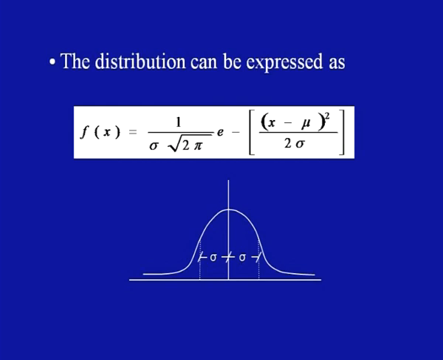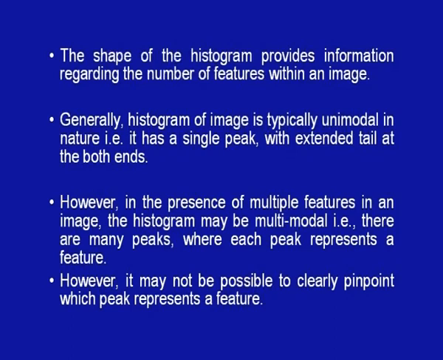One thing which can be seen regarding the histogram is that it is symmetrical about its central axis and that it has a direct correlation to the standard deviation. The shape of the histogram provides information regarding the number of features within an image. Generally, the histogram of an image is typically unimodal in nature, that is, it has a single peak with extended tails at both ends.